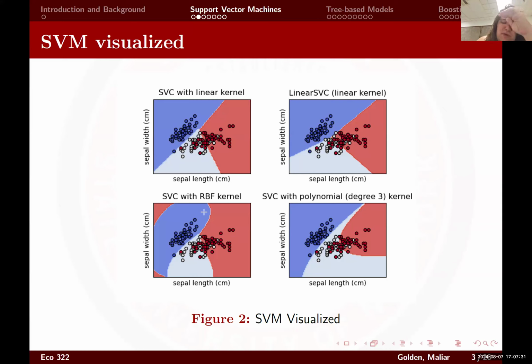When you have a non-linear kernel, though, you don't necessarily have to find a line, because you change the measuring system. You make a transformation, and so you can measure with an RBF kernel, which is radial basis or a normal distribution.